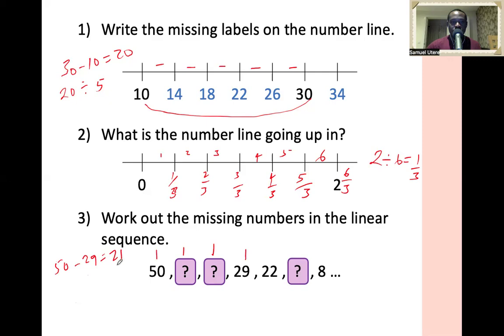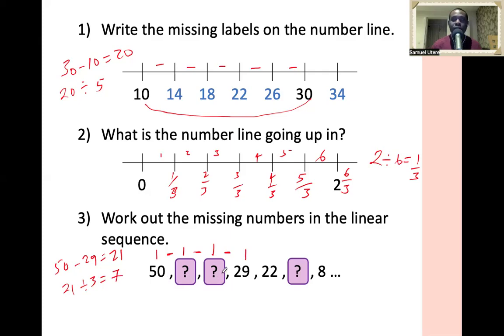We need to know by how much we're adding from here to here. So that's that interval, this interval, and that interval. We have 3 intervals between 50 and 29, which means we're going to have to divide 21 by 3. 21 divided by 3 is 7. So it means the numbers have to go up in 7.